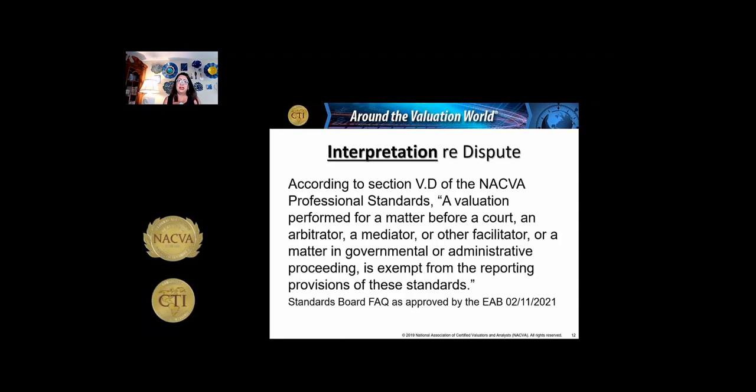And that's really important to understand, it's exempt from the reporting provisions of these standards, but you're still required, if you're performing evaluation, to do the work to meet the development standards. And the exemption applies solely to the reporting provisions of these standards.